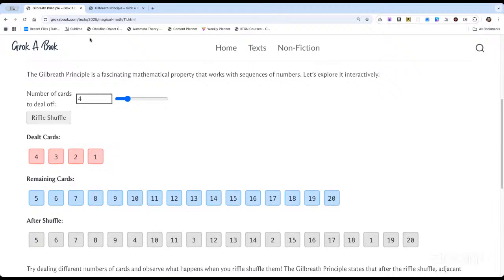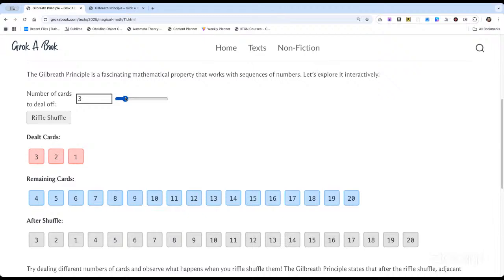So the top card can actually be placed on either the dealt cards or the remaining cards. You'll get the same shuffle. So for example, if 5 was placed on the dealt cards, you could still get this shuffle when you move it up, the top card. So in this case, if you put 4 in the remaining cards, you can get the same shuffle.